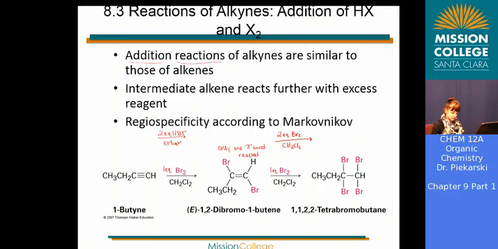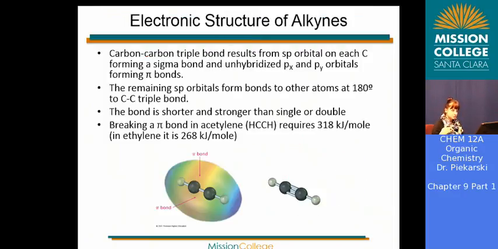The halogen adds to the more substituted side, so just be careful with that when you're predicting products. Your textbook has some great figures of example addition reactions to alkynes. But I wanted to move on and talk more about the electronic structure, since a lot of this is review, and we'll get to practice it more in the work session.